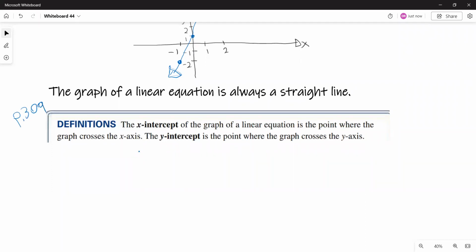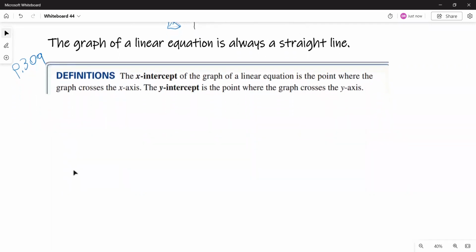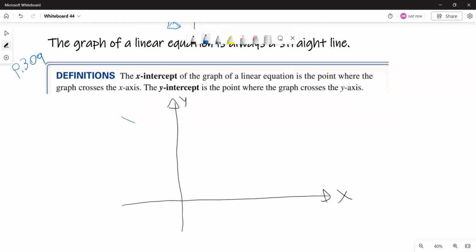The x-intercept of the graph of a linear equation is the point where the graph crosses the x-axis. And the y-intercept is the point where the graph crosses the y-axis. So if we're on the coordinate system, and we have the graph of a linear equation, which is a straight line, the point where the graph crosses the y-axis is called the y-intercept.